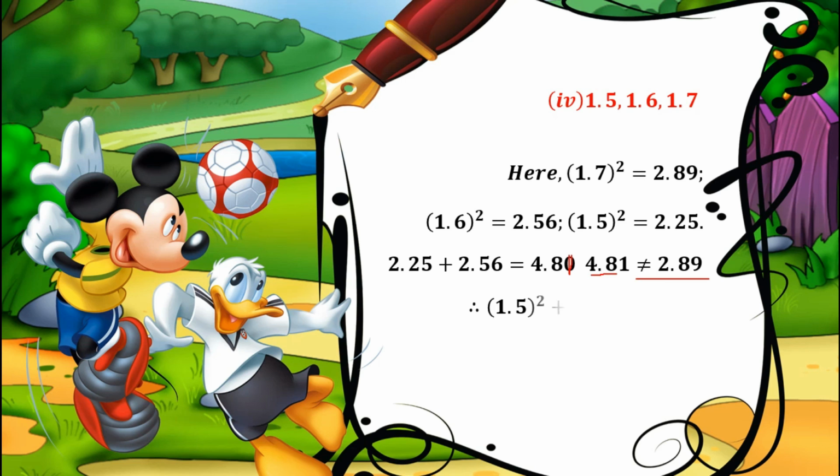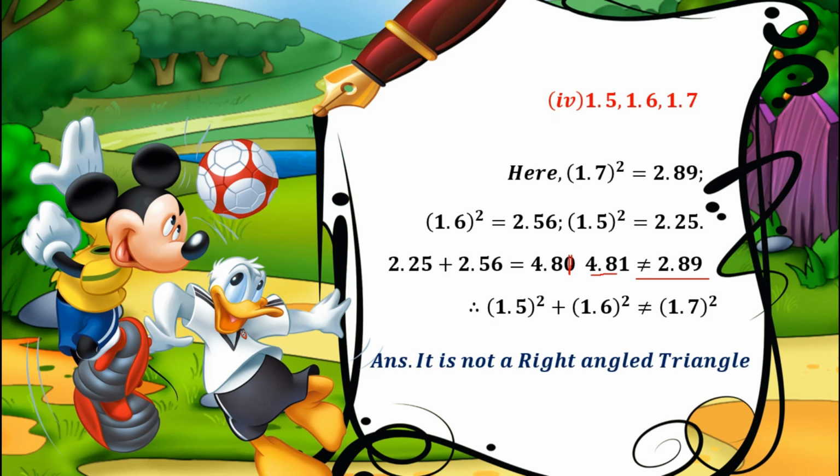It means therefore 1.5 raised to 2 plus 1.6 raised to 2 is not equal to 1.7 raised to 2. ठीक है, इस तरह से हम यहाँ पर देखेंगे बच्चों कि it is not a right angled triangle. इससे हमें ये समझ में आता है कि कायमतुज़ ज़ाविया मुसलस नहीं है। ठीक है, इस तरह से.